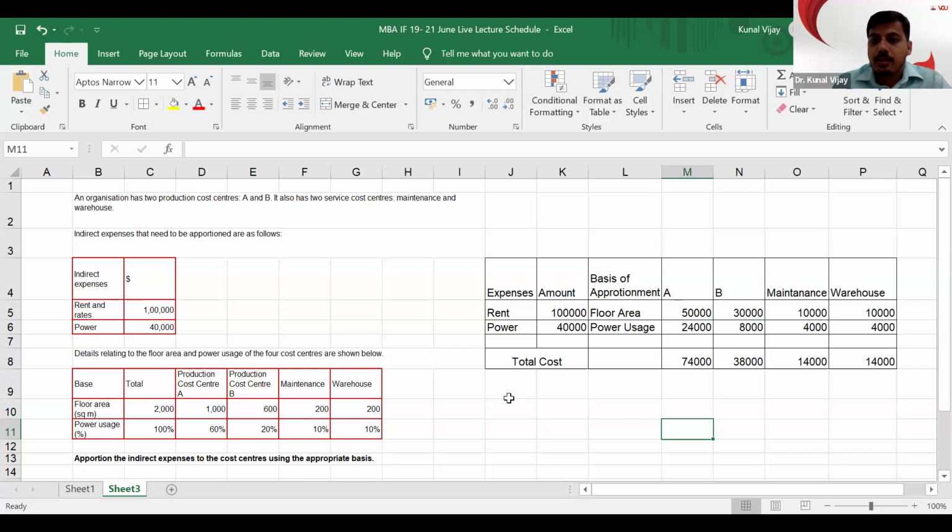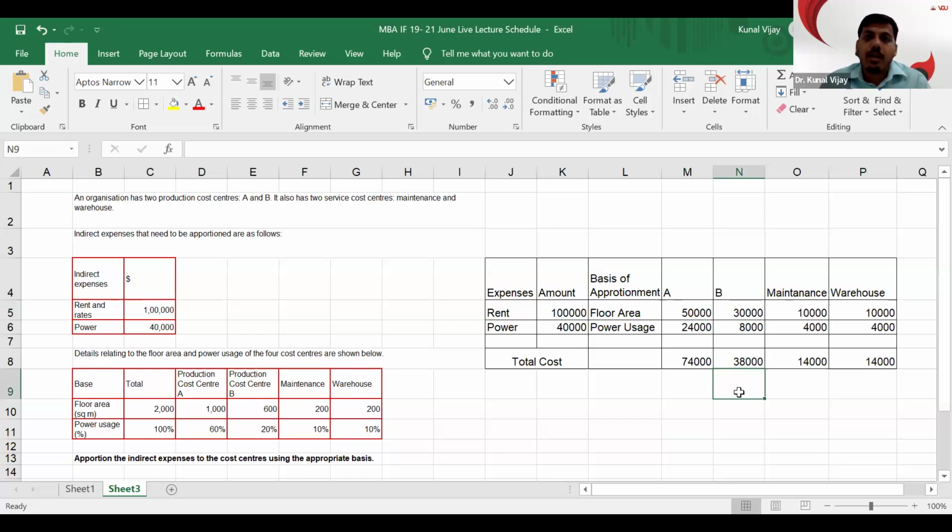So this is how you can easily calculate your total cost. We have discussed the apportionment, but you will need to take care of what basis of apportionment you have taken for your expense. If I had taken power uses for rent and floor area for power, the apportionment could be done, but it would be considered wrong.